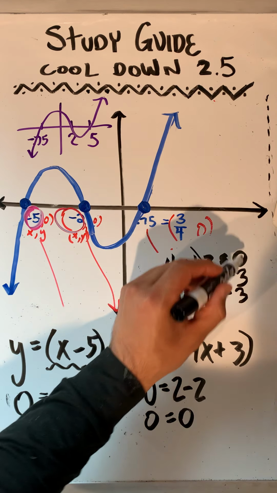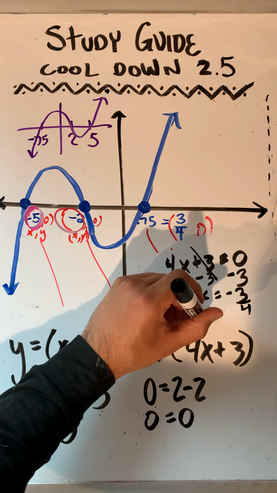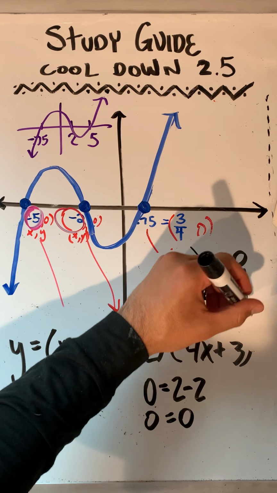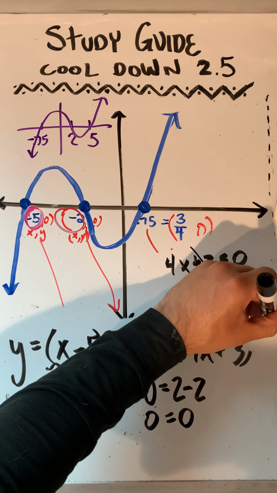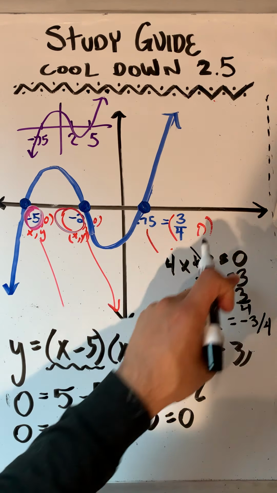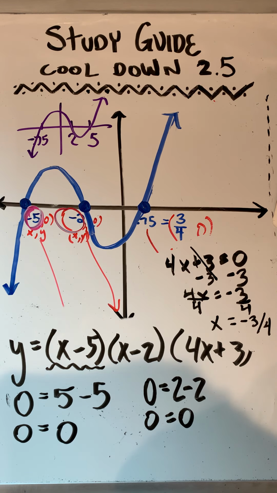So we subtracted 3 from both sides. We're going to divide both sides by 4. So when we have an x value of -3 over 4, y will be 0. All right, bada bing, bada boom.